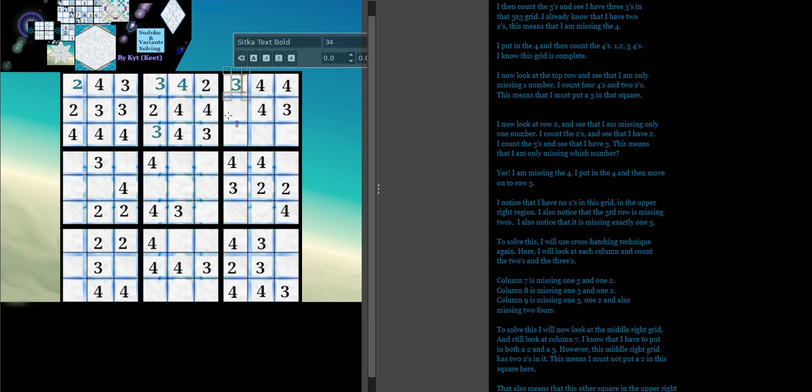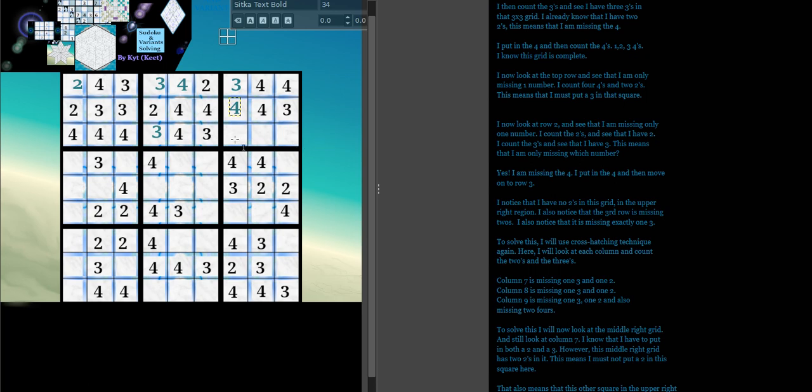I count the 2s and see I have 2 2s. I count the 3s and see that I have 3. This means that I am only missing which number? Yes, I'm missing the 4. I put in 4 and then move on to row 3.